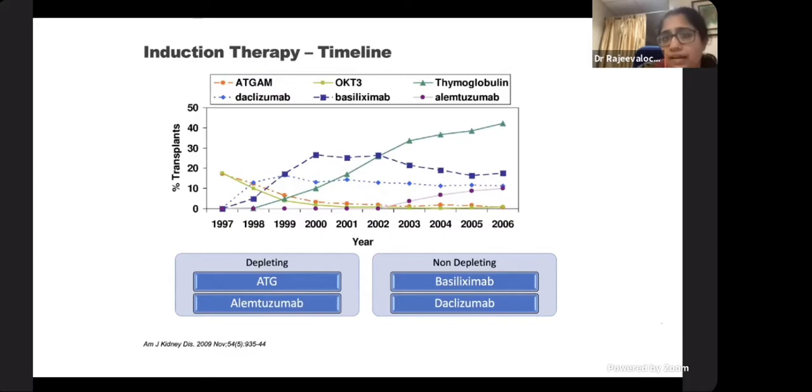Currently, the main induction agents that we use are thymoglobulin, which is a depleting agent, anti-thymocyte globulin, and Alemtuzumab, which is an anti-CD52 antibody. Now, the non-depleting agents which are there are Basiliximab and Tacrolimus. Both Basiliximab as well as ATG are pretty much widely used. This is the timeline of when they came, and currently we have these two agents pretty widely available in the market.